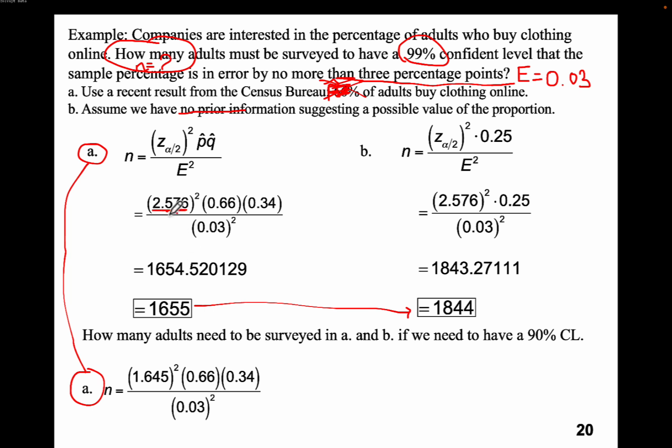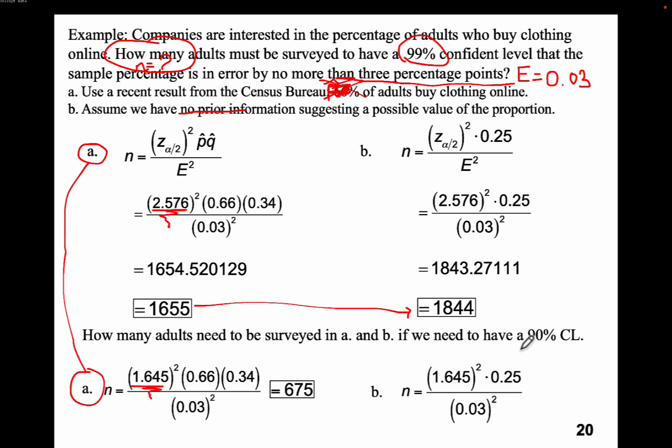And what it affects is the z sub alpha over 2. It goes from the 2.576 for 99% confidence level to the 1.645. Pause the video, type it in your calculator. And if you did that correctly, rounding up, it would be 675. That is significantly less. That's almost 1,000 less people that have to be surveyed when our confidence level changes from 99 to 90.